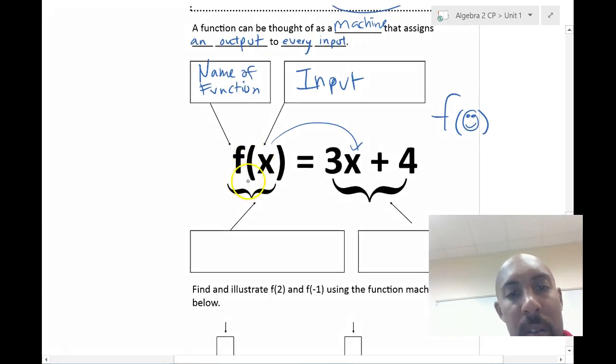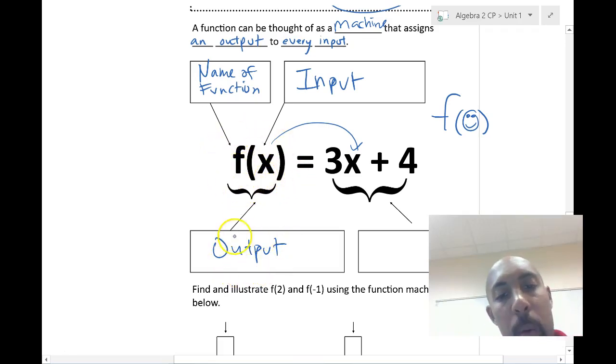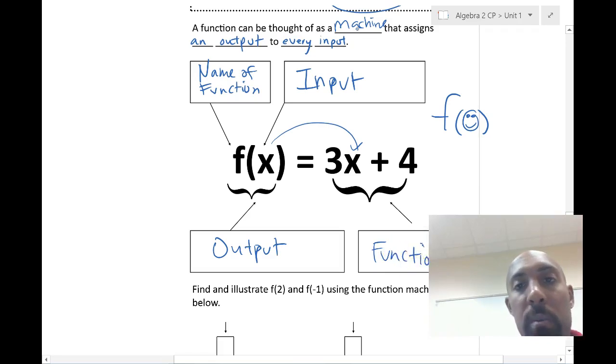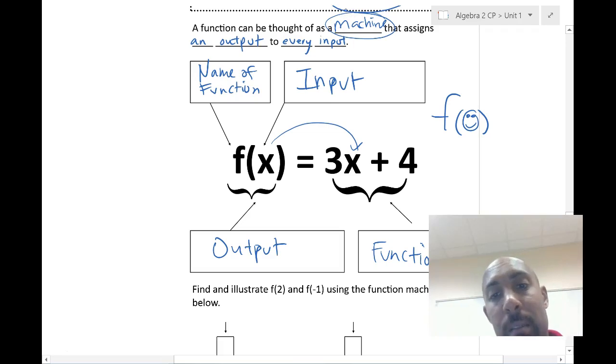Now this whole thing itself, f of x, actually stands for the output. Because basically what this means is that when I plug in this input of x, f of x represents what I get out. And then this last part, this is the actual function, or as we're saying, it's the actual machine.